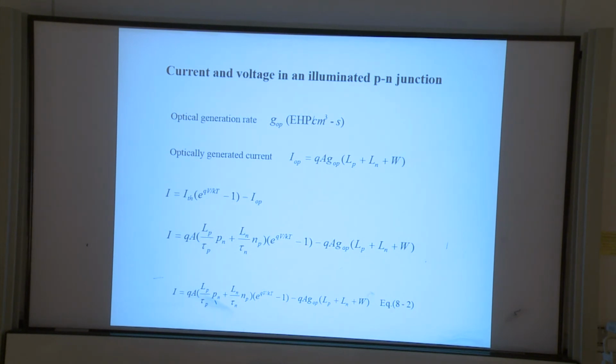Not minus and minus becoming plus. It's really minus, so it will decrease. It will offset the whole current by this I_OP. I wrote this to warn you that there may be very serious theory, but actually it's not. It's very easy.